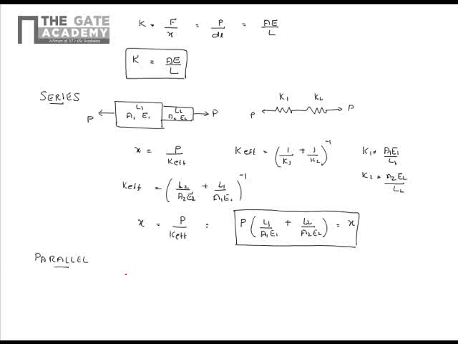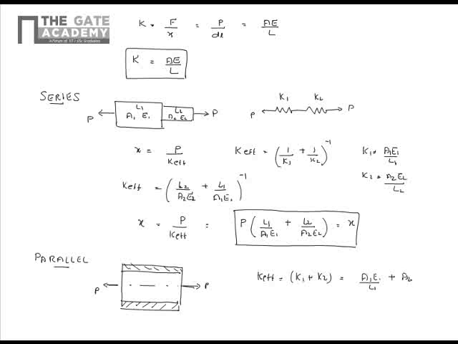When we have two shafts in parallel, like this, and loaded by force P, in this case, we know effective stiffness is equal to K1 plus K2, that is equal to A1 E1 by L1 plus A2 E2 by L2.